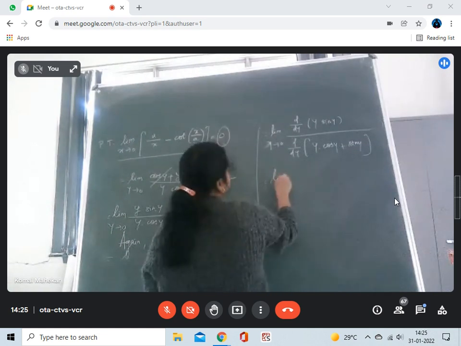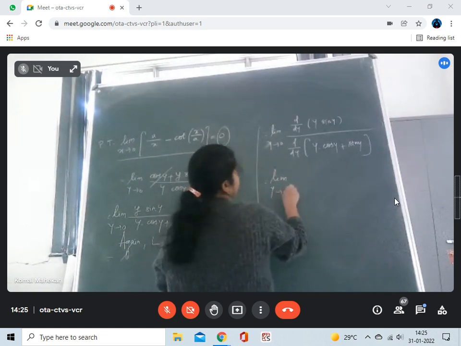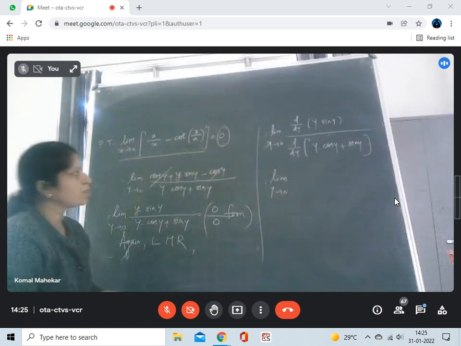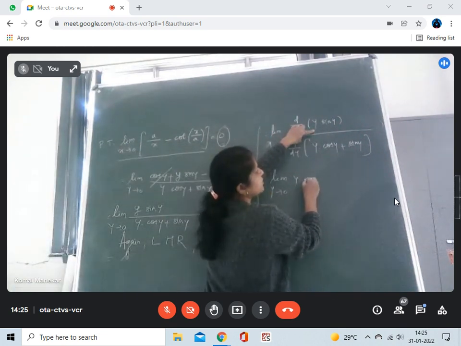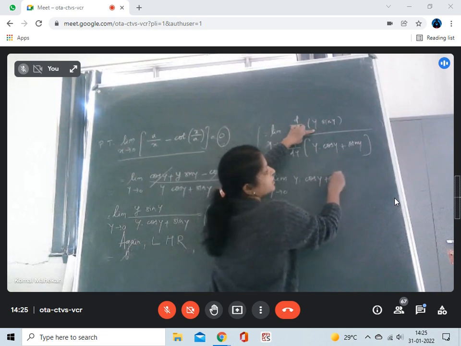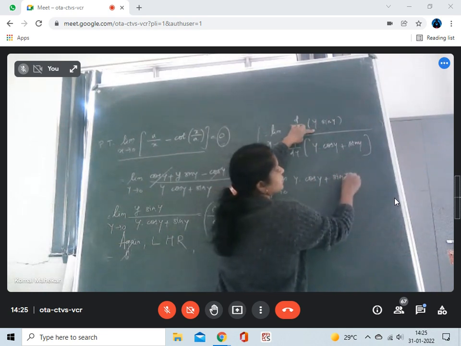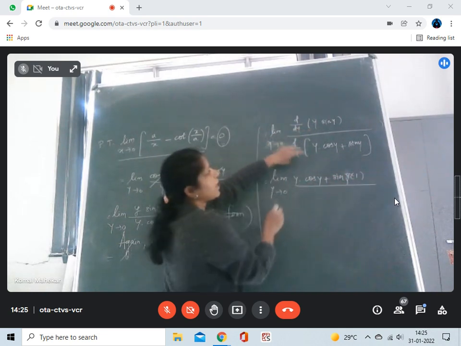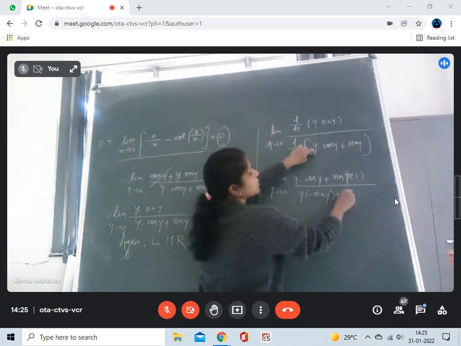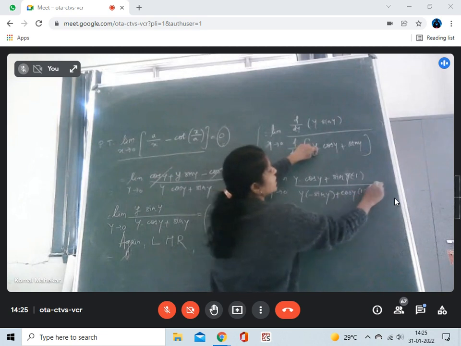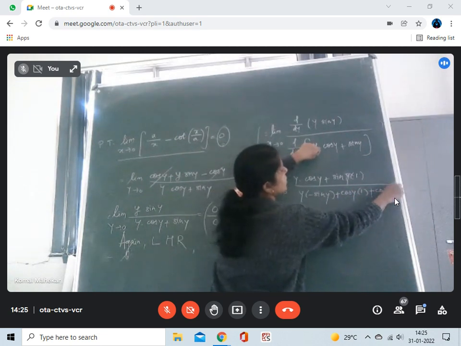Now if we differentiate with respect to y using the product rule, what do we obtain? Use the product rule: y into the derivative of sin y, which is cos y, plus sin y into 1, divided by y into minus sin y plus cos y into 1, plus the derivative of sin y, which is cos y.